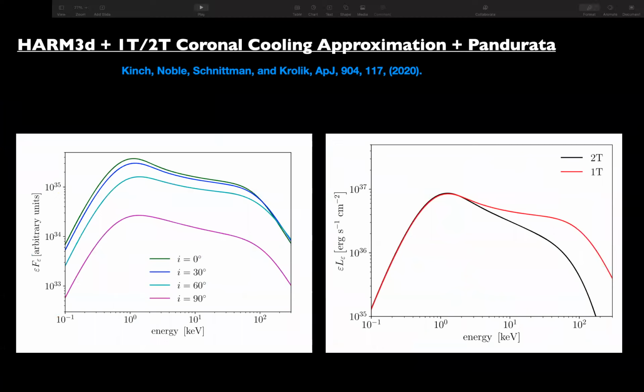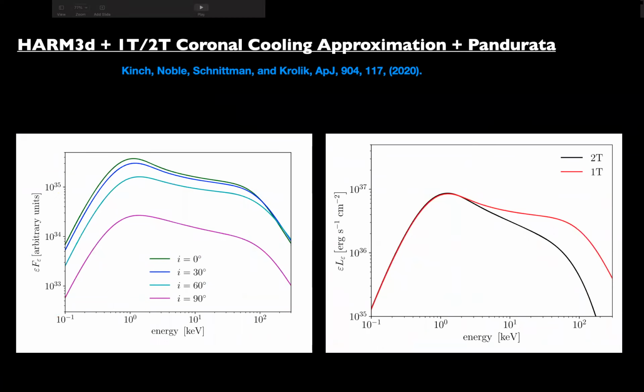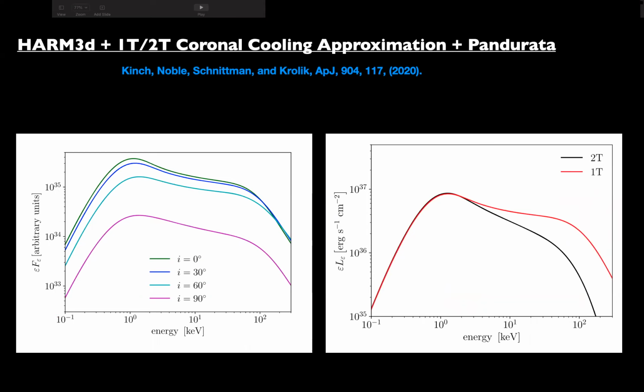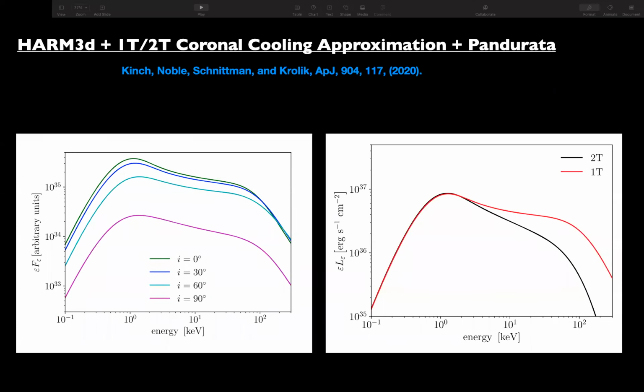And we can then look at the X-ray spectra as a function of inclination angle from these simulations. You can also model the corona as one temperature or two temperatures, where electrons and protons are in thermal equilibrium as one temperature.